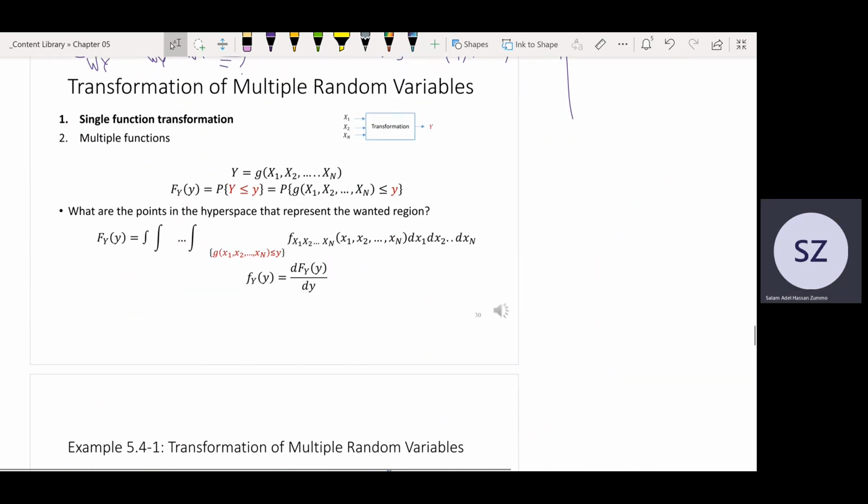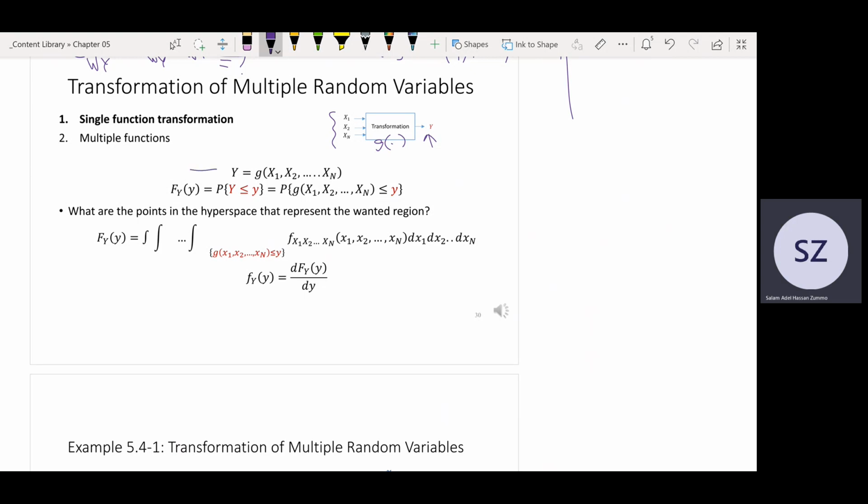Okay. So in general, you can have multiple random variables applied to certain transformation G, and then you get the output. We will only focus on when we have only two random variables. Again, the same concept applies when you have more than two.